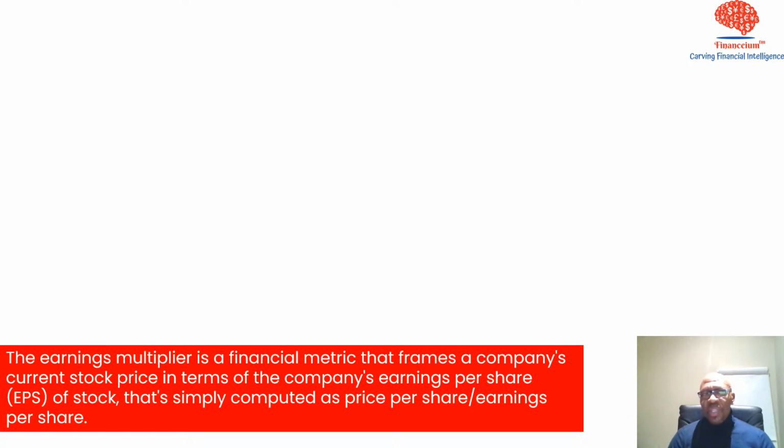While we looked in the previous video at times revenue, here we want to delve deeper and go to the earnings per share, having accounted for the efficiency from the top line to the bottom line. And the formula you use to calculate this model is the price per share divided by the earnings per share.